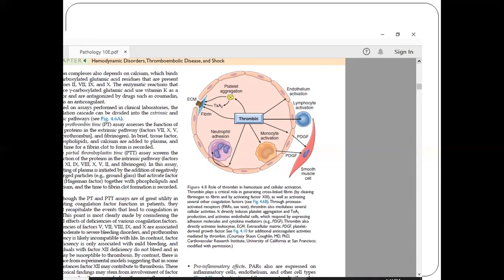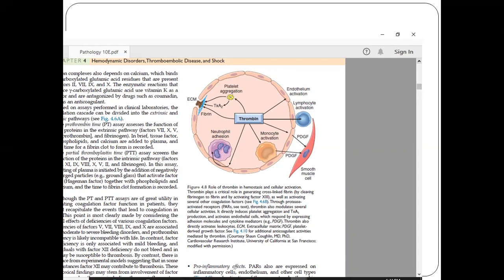It directly induces platelet aggregation and thromboxane A2 production, and activates endothelial cells, which respond by expressing adhesion molecules and cytokine mediators. Thrombin also directly activates leukocytes and extracellular matrix.